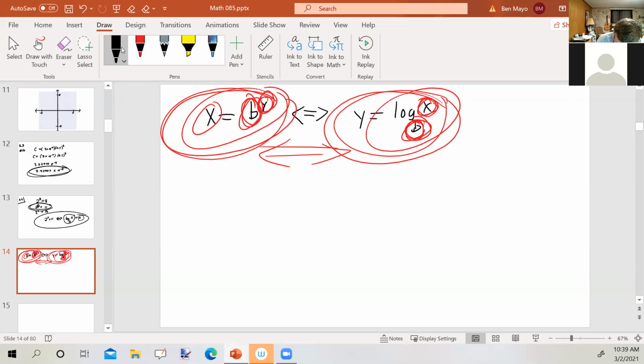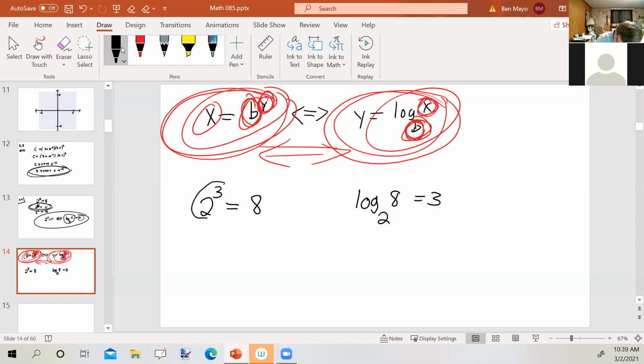So how does that work? Let's say I've got 2 cubed equals 8. All right. So 2 is the base. If I were to take this exponential equation and write it in logarithmic form, it would be log base 2. But log base 2 of what? Of 8 equals 3.